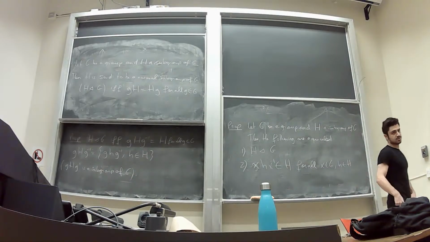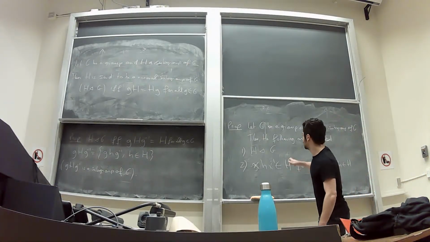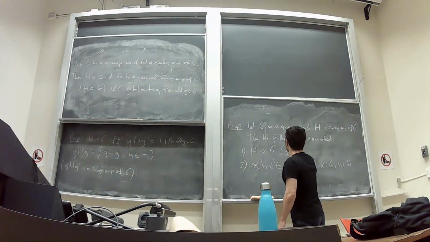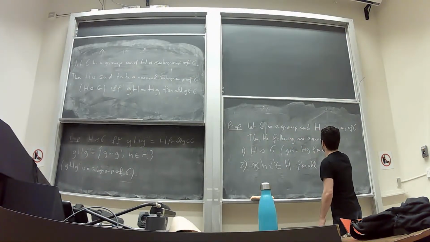I proved that yesterday in the exercise session, so you can look it up. It is a very easy manipulation. Here one means that gH is equal to Hg for all g in G.